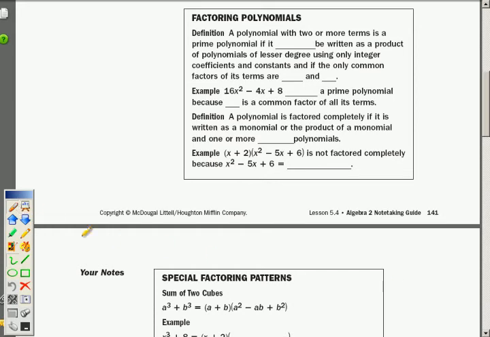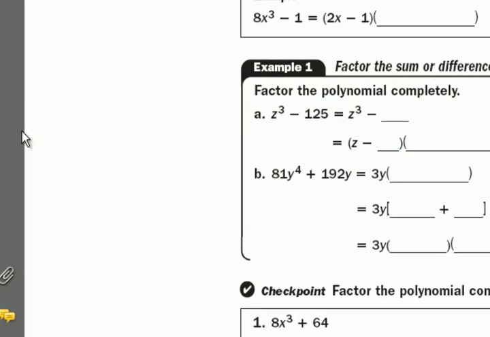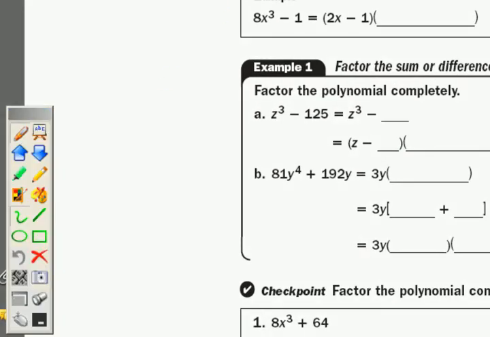And let's take a look at special factoring patterns. When we look at special factoring patterns, these are pretty tough. These are things that we need to think about a little bit. The sum of 2 cubes, and it's kind of just memorizing this whole format.